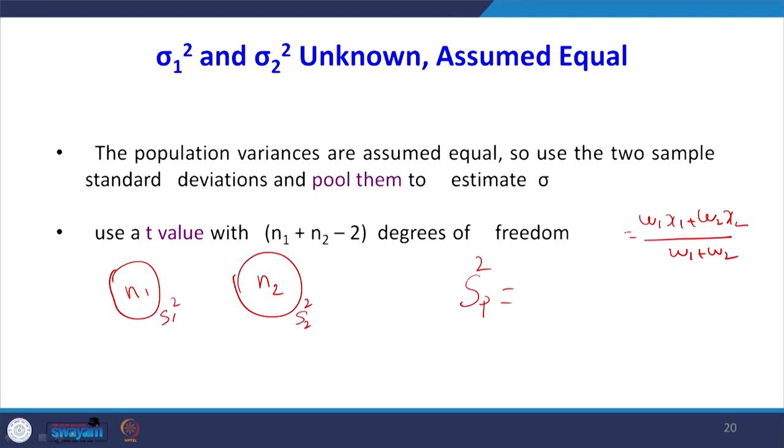Here the weight is nothing but your degrees of freedom. For sample 1 the degrees of freedom is n1 minus 1, and the variance is S1 square, plus for sample 2 the weightage is the corresponding degrees of freedom times S2 square. Next we sum the degrees of freedom, n1 minus 1 plus n2 minus 1, which is n1 plus n2 minus 2. This is the pooled variance.